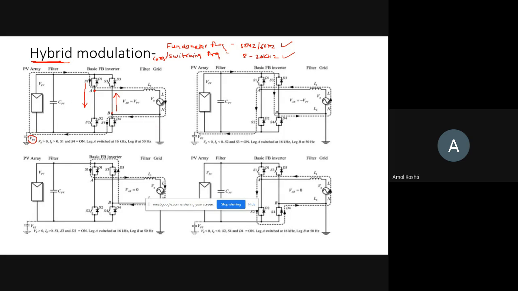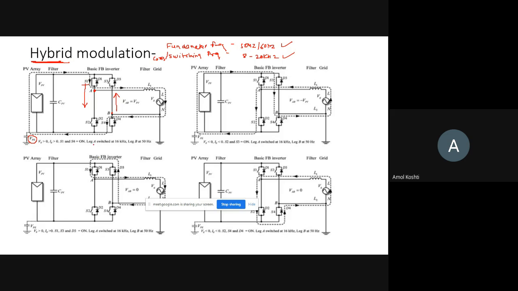For the first operation in case of hybrid modulation, the pulse is given to the S1 switch, from S1 to A to this L1 filter, L1 to this grid, again it comes to S4, and from S4 it is connected back to the PV node.